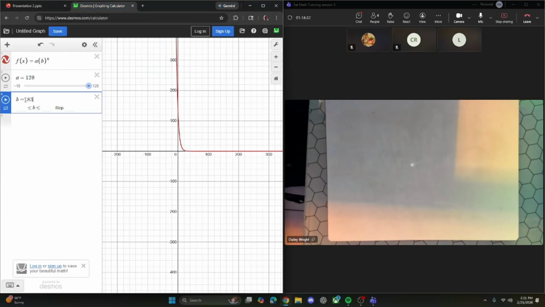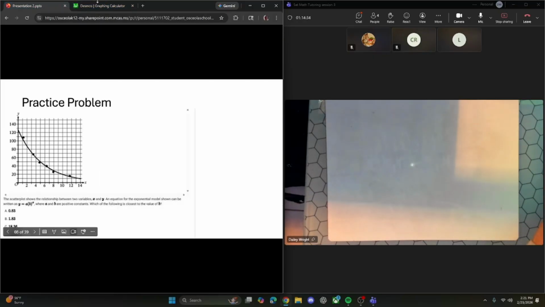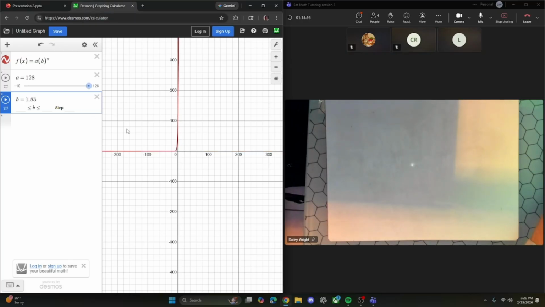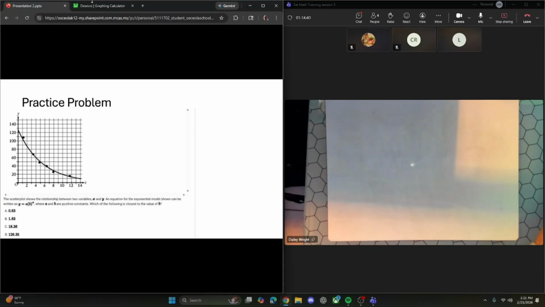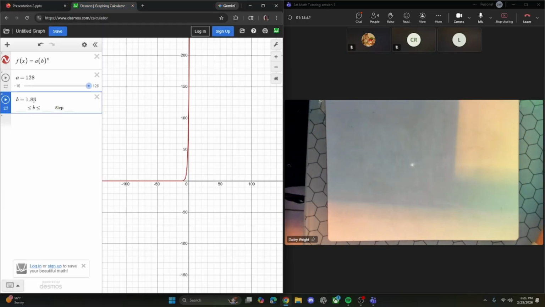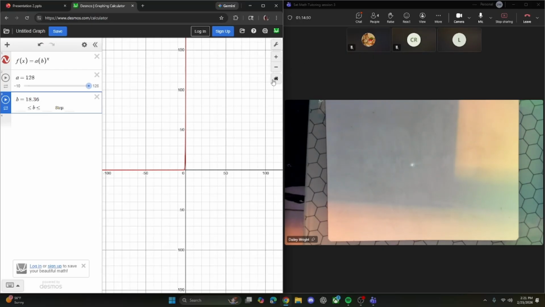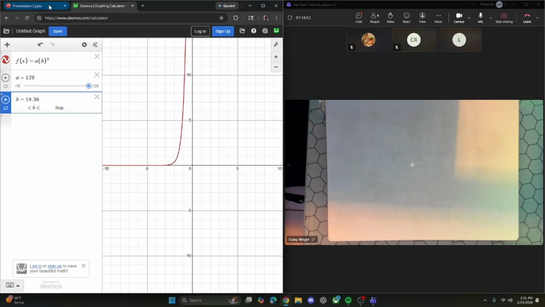So they look a lot different because of how they have this. And then b, if it was 1.83, it would look like this. That's increasing. C, 18.36. Definitely increasing. That is a super sharp increase.